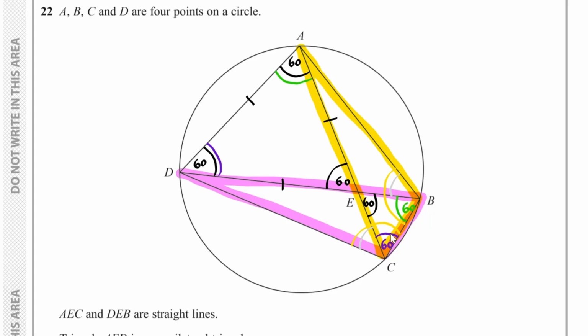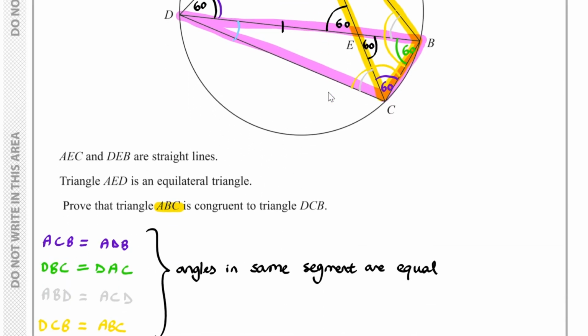Okay, so if the angle ABC is equal to the angle DCB, and if also this angle is 60 and this angle in blue is also 60, because angles in a triangle add up to 180, this angle and this angle will be the same. And that makes sense because, again, we have alternate angles in the same segment.